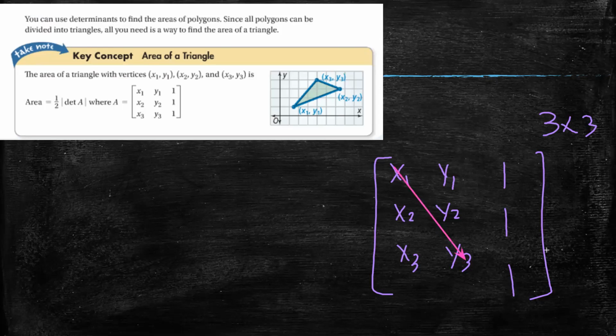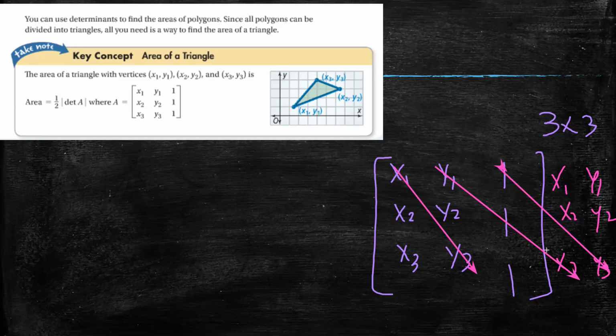In this one, like this. Don't forget, you have to copy them here. It must be passing through x2.